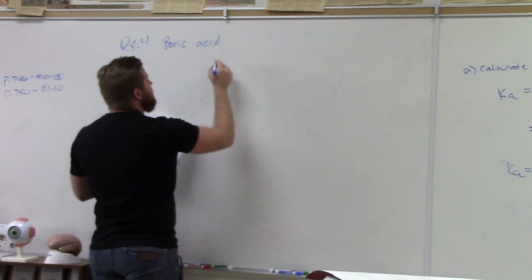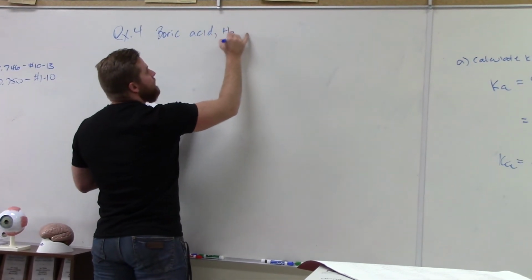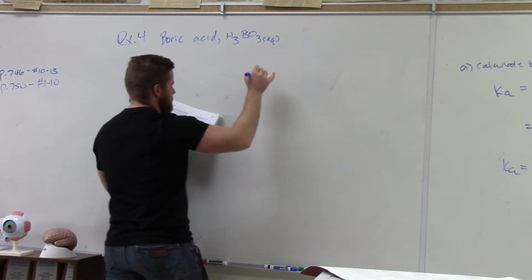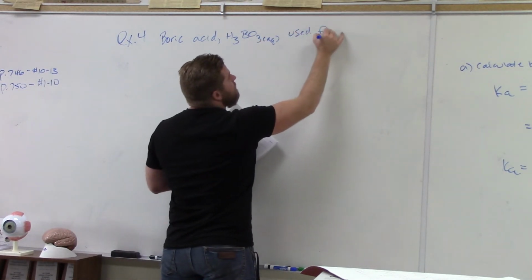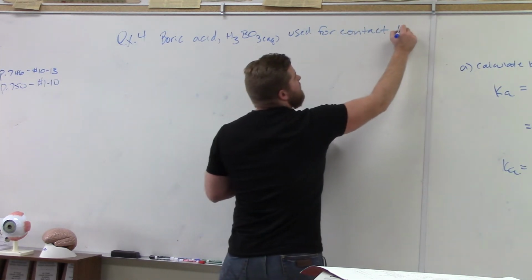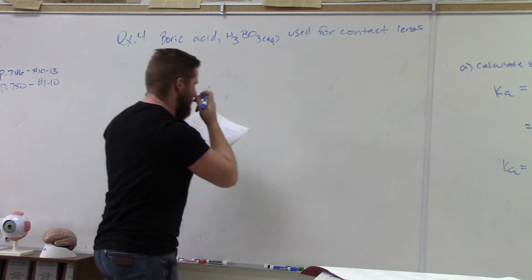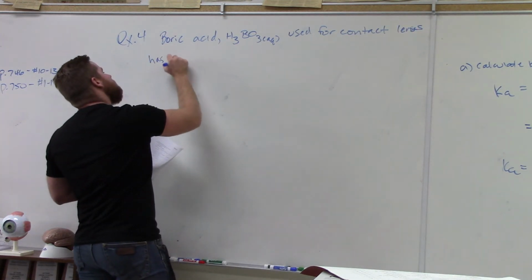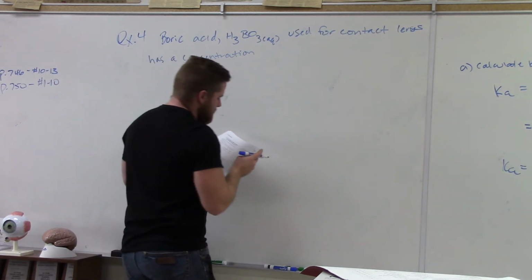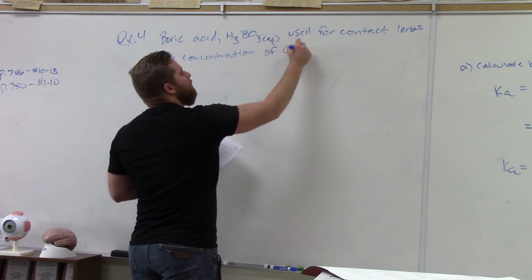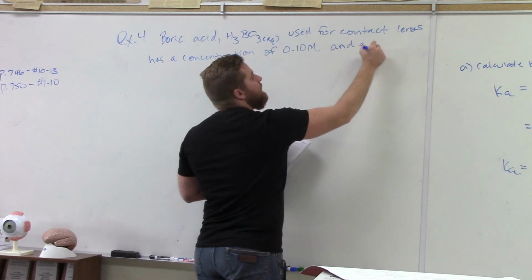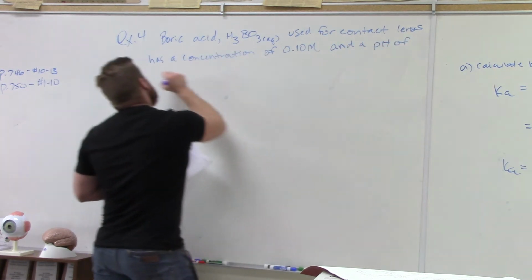Okay, so boric acid, which is H3BO3, used for contact lenses, has a concentration of 0.10 mole per liter and a pH of 5.16.